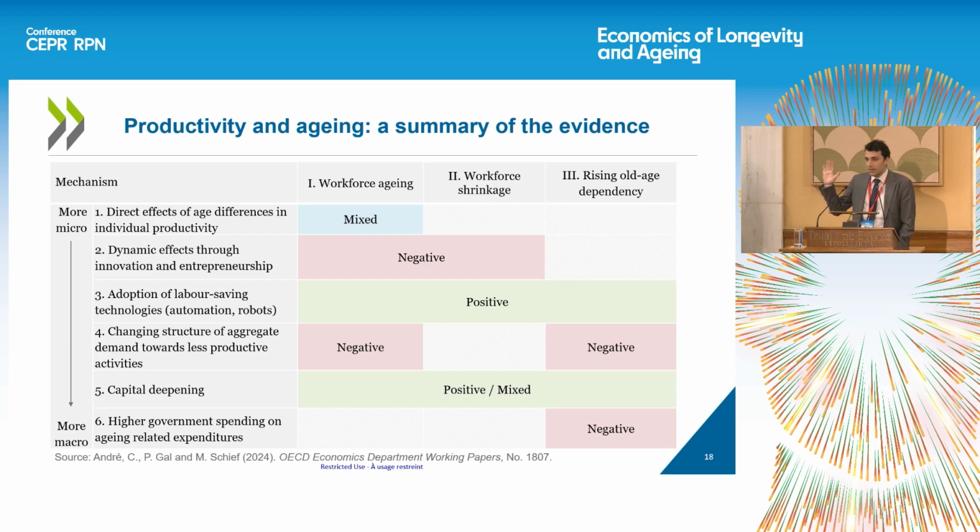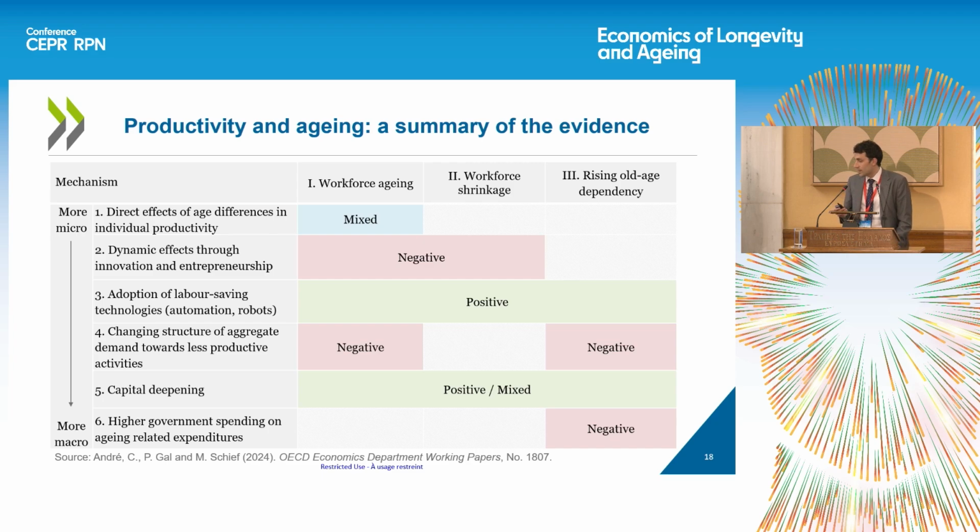And we also look at the different demographic drivers, distinguishing between workforce aging, workforce shrinkage, and rising old age dependency ratios. And overall, the color coding here indicates whether we think the literature is providing evidence for a clear positive, a clear negative, or a mixed link. And what you can see is that it's not all green, it's not all red, it's a mixture.